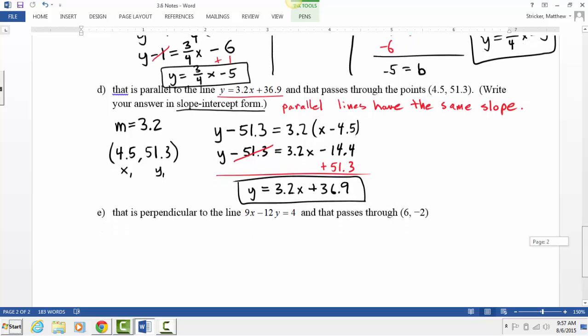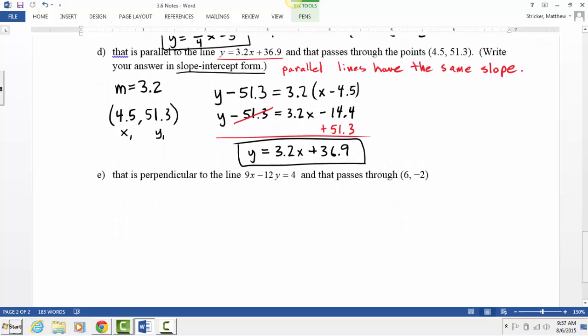One last example here for this section. We want to find a line that's perpendicular to the given line. Remember, if two lines are perpendicular, what can we say about their slopes? That they are opposite reciprocals or negative reciprocals of each other. So I guess first we need to know what the slope of this line is, what's m equal to for that line?